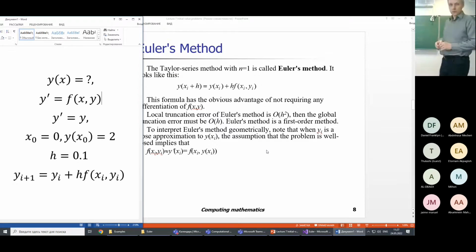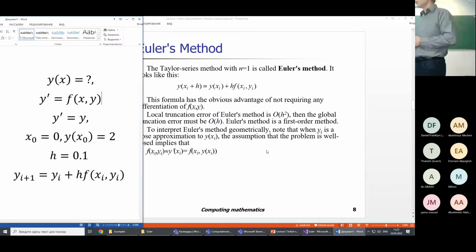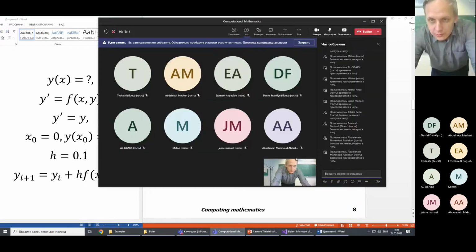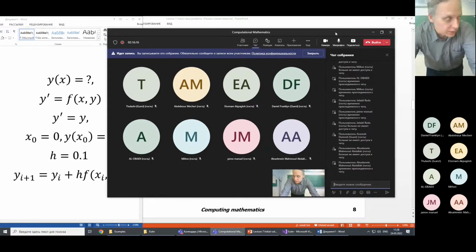Do you compute? What value? You can type your solutions in the chat.